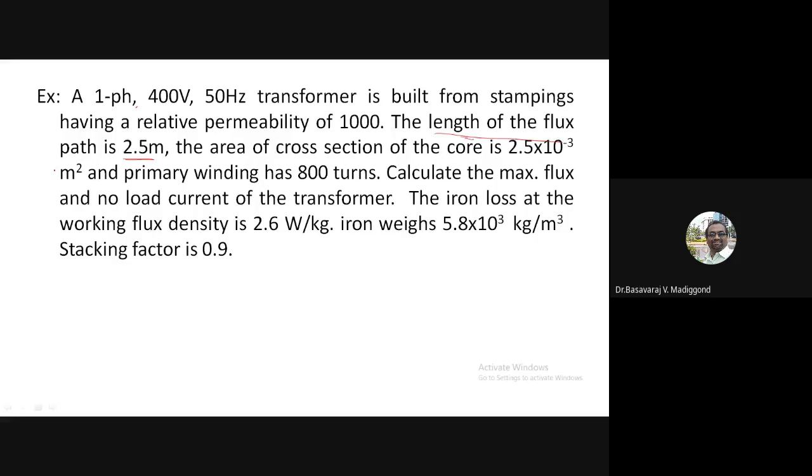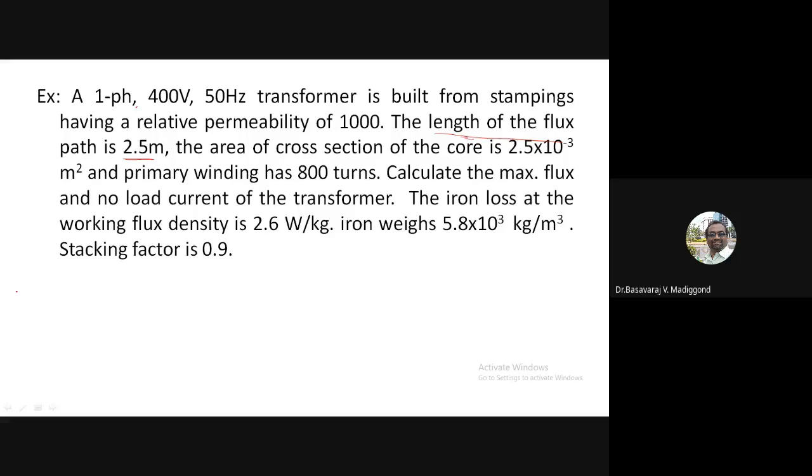Iron weighs 5.8 into 10 to 3 kg per meter cube, and he has given the stacking factor as 0.9. Okay, these are the data he has given.